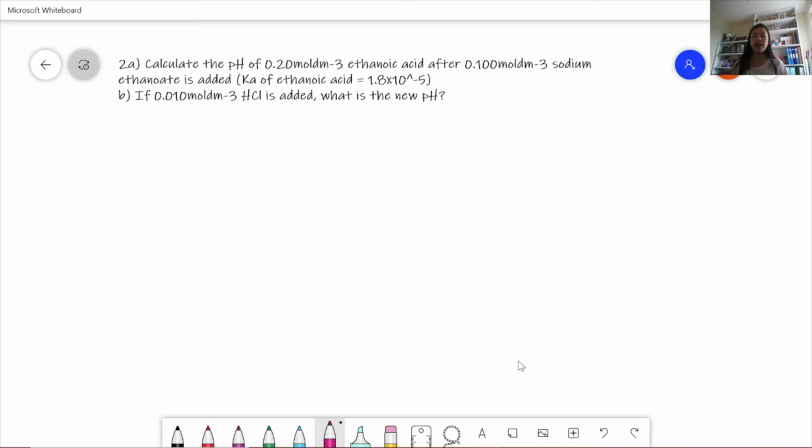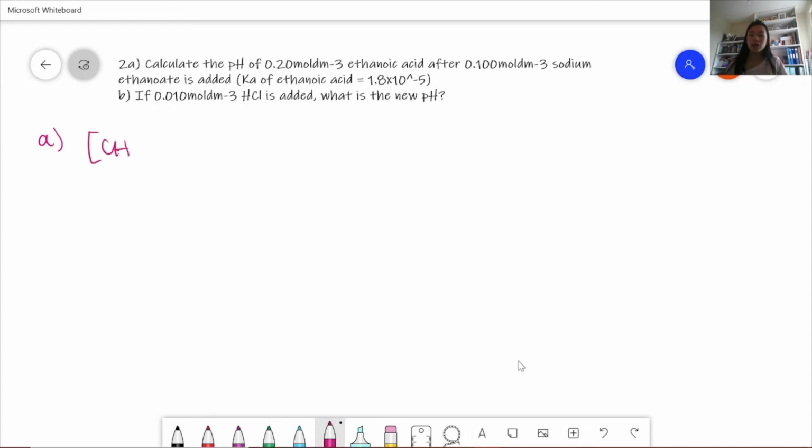So for A, calculate the pH of 0.2 moles per decimeters cubed of ethanoic acid after 0.1 moles per decimeters cubed of sodium ethanoate was added. And so what they're actually doing is they're trying to create a buffer. So first of all, what we do is work out the concentration of ethanoate added.